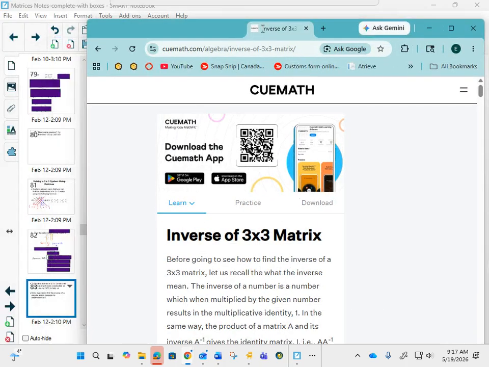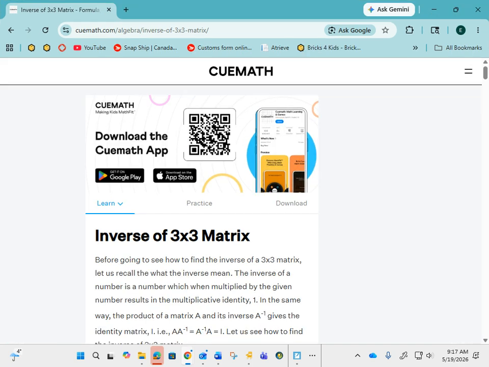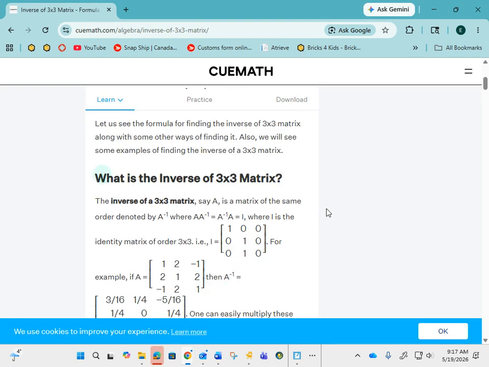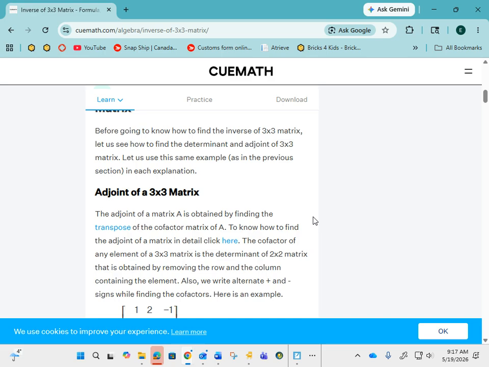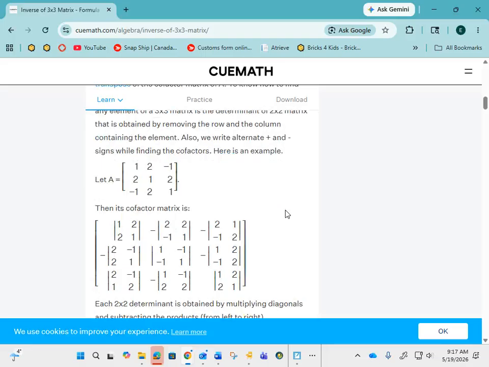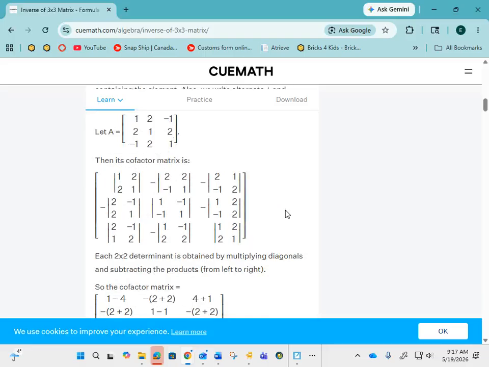We're going to use our calculator because here I've got a website. And you have to learn about the adjoint of a matrix, which we haven't learned yet. Does that look like fun?